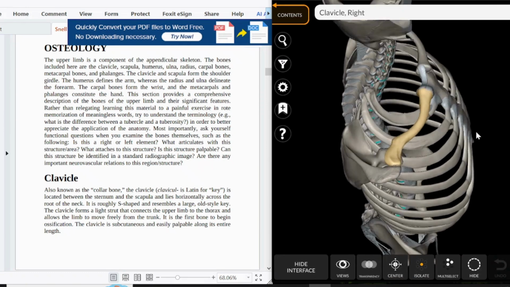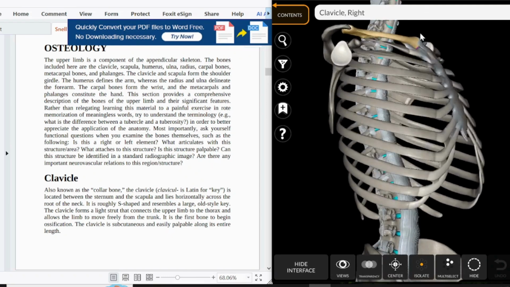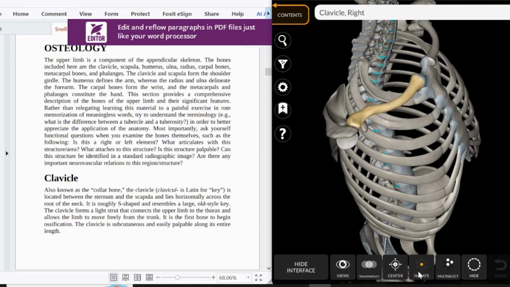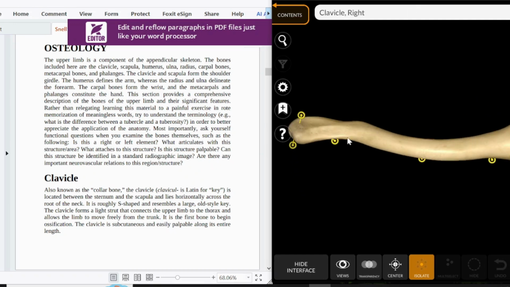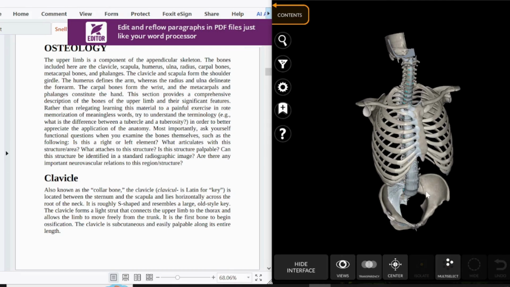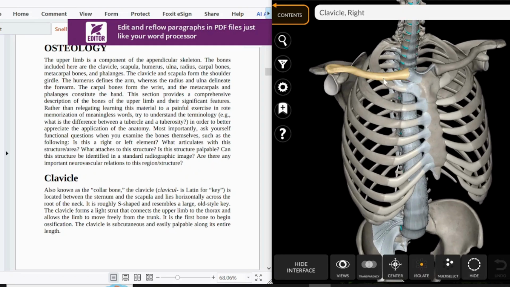So, if we see it from the superior end and from the inferior end, and we isolate it, you can see that this bone is placed like this.